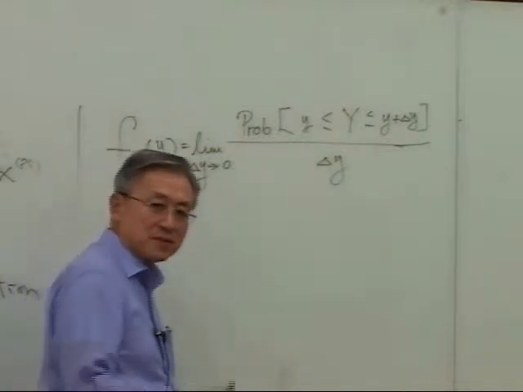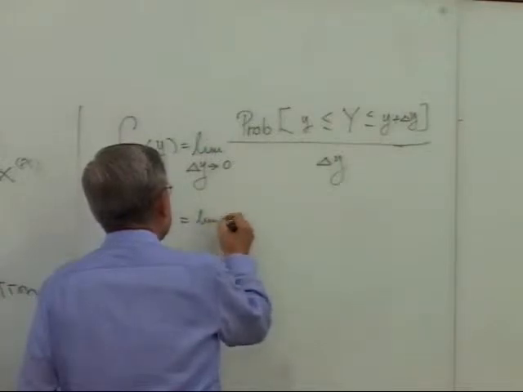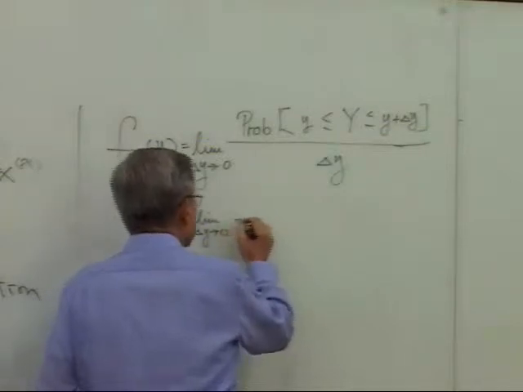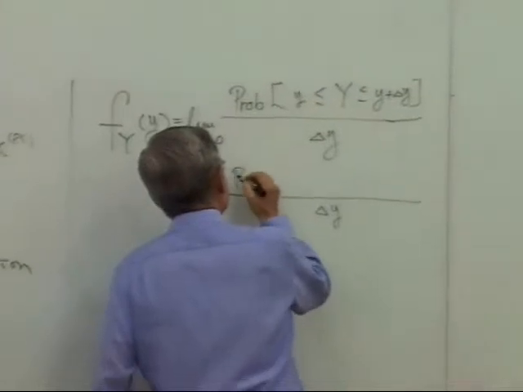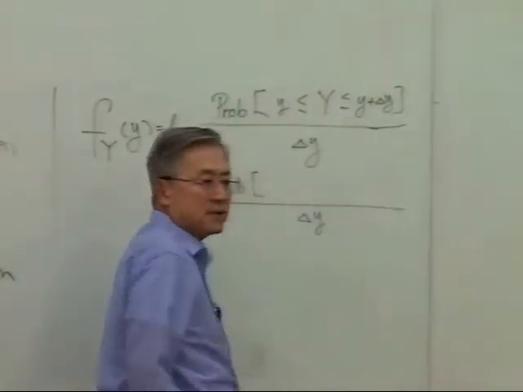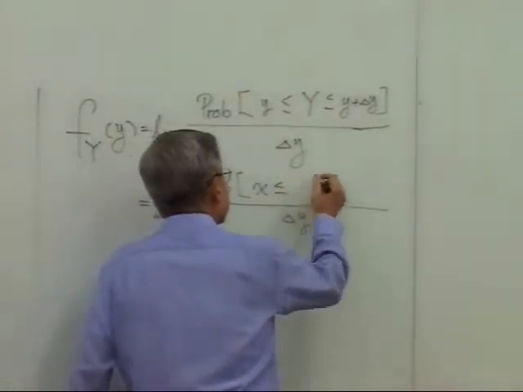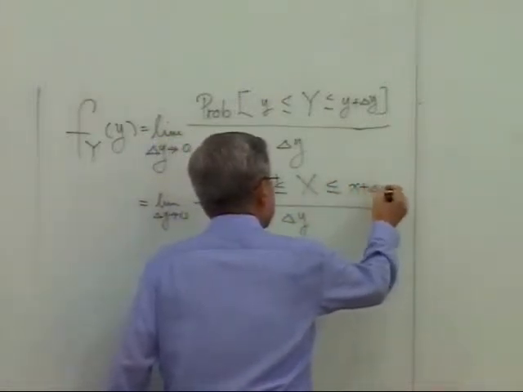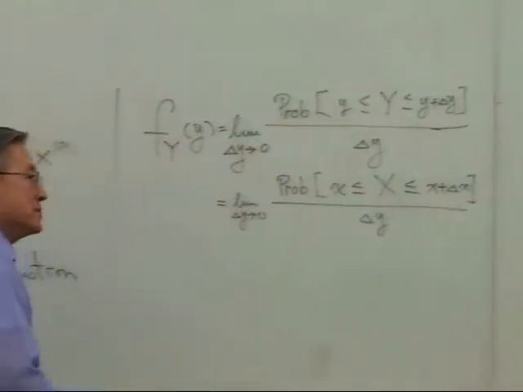So I'm going to rewrite this basic definition as a limit as delta y goes to 0, but I am going to change the probability expression in terms of x. Can I do that? Why not?